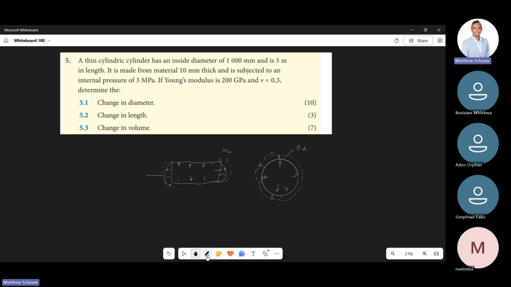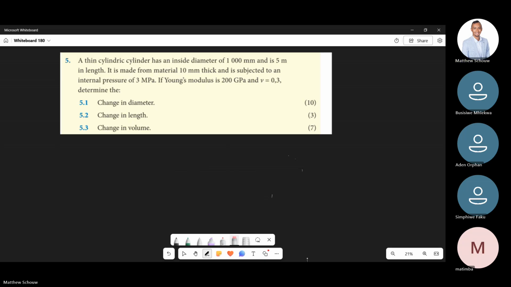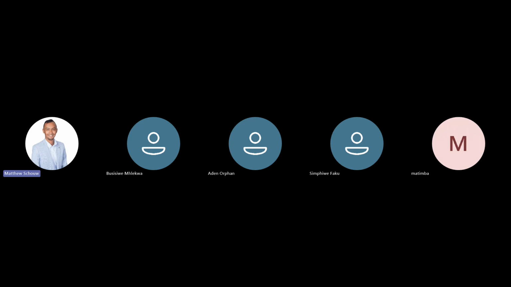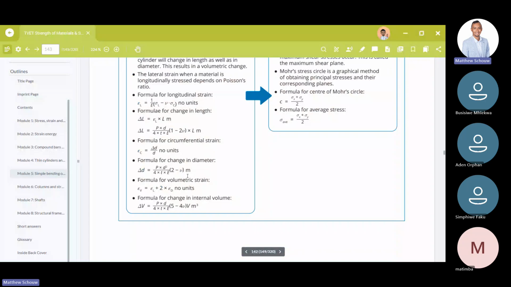Now I'll quickly remove this and go to the book to show you a few things. What's nice about this part is that, just like the previous part, as long as you understand the formulas, you should be fine. Normally I don't teach formula-based work, but for this, it's what's required.